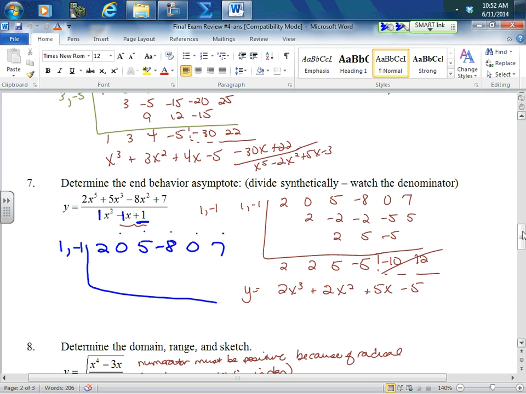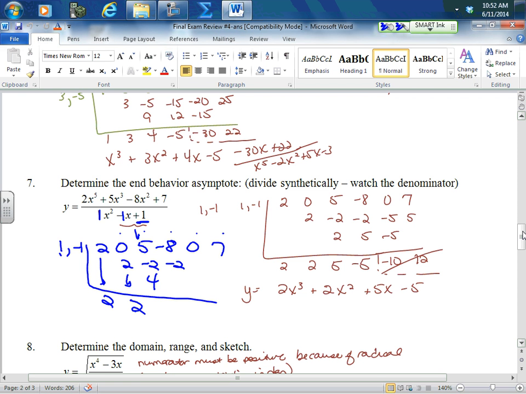Good so far? Let's drop the first guy, 2. Start at the left, go to the right. 1 times 2, 2. Negative 1 times 2, go to the right, negative 2. Stop, add this down. Do it again. 1 times 2, go to the right, 4. Negative 1 times 2, go to the right, negative 2.